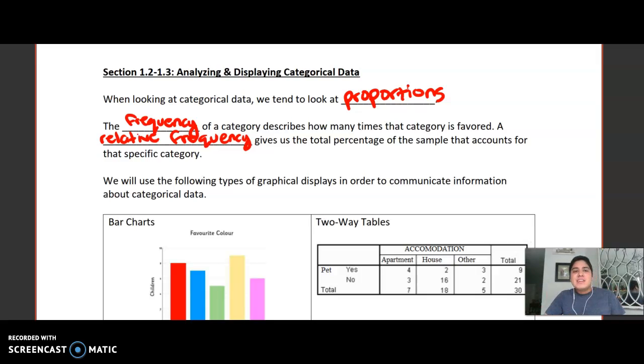So when looking at categorical data, we tend to look at proportions. And now, maybe you're not familiar with the proportion as that type of fancy term, but this is essentially the notation that we use.